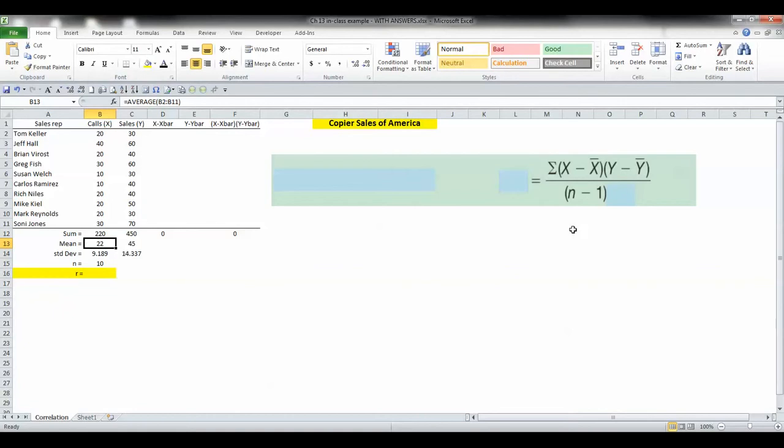The problem with the covariance value is that it is dependent on the scales of measurement used. So instead of saying number of sales here, let's say we had sales in dollars. If we did all of these calculations to find the covariance, it would give us a certain value, and that would give us some indication of the relationship between the two variables.